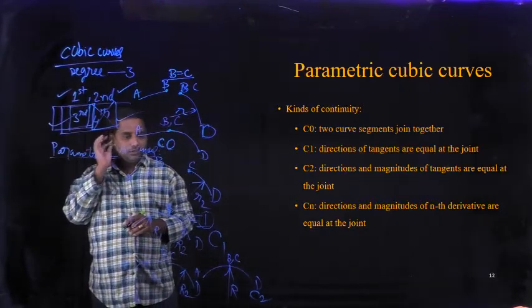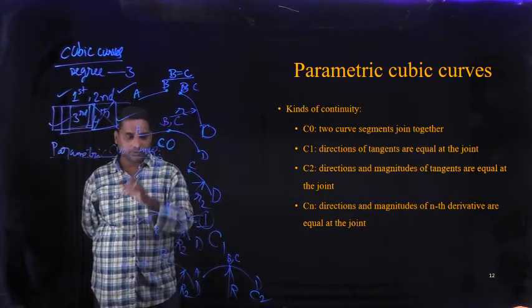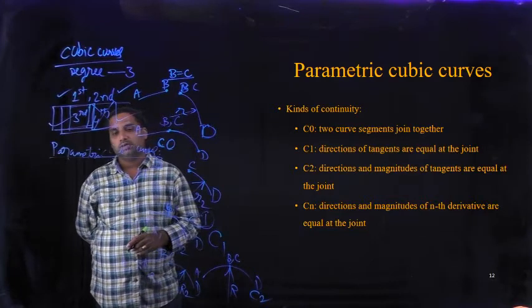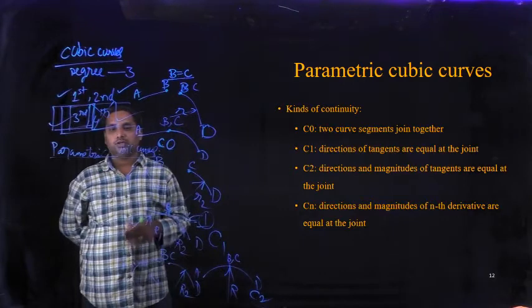Continuity? Because the radius of curvature is 2, we can call it C2 continuity, and higher order continuities are also there.